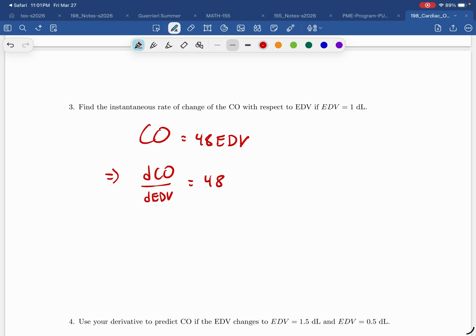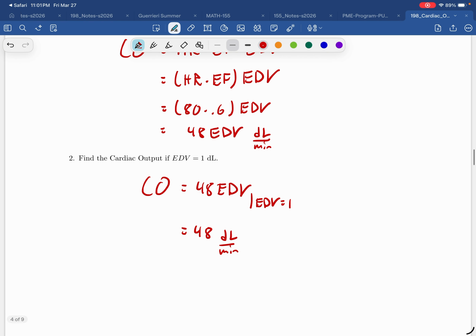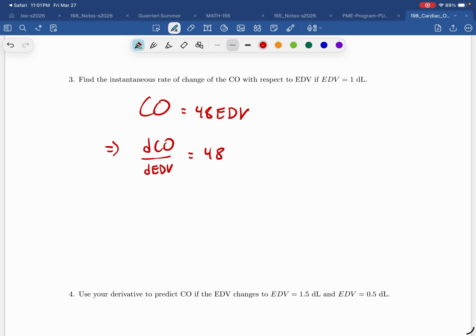Cardiac output was deciliters per minute, and EDV was deciliters. So we just have 1 over minutes, just per minute. So 48 per minute. You might say 48 what per minute? It's actually dimensionless per minute, which is kind of nice because it doesn't matter what your units are. You always get 48 per minute.